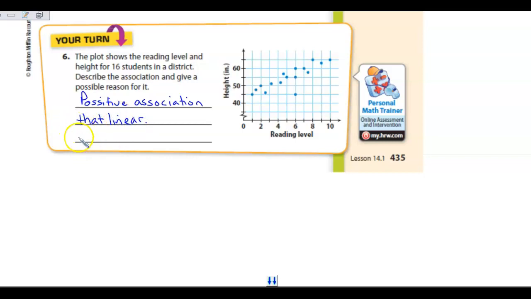And I would also say that as you age, you grow and your reading improves, or your reading levels increase. Okay?